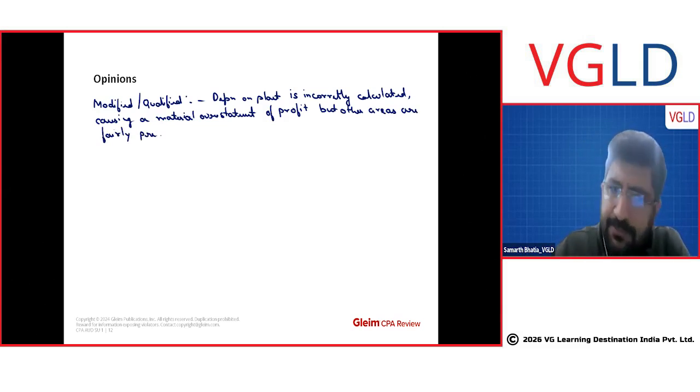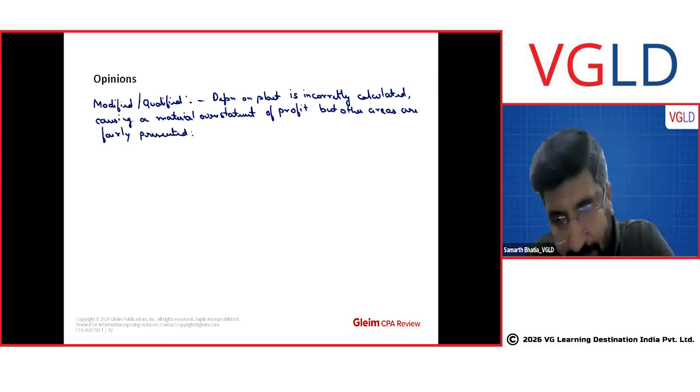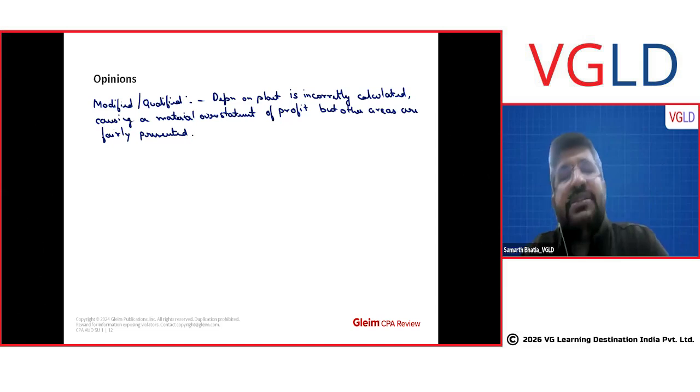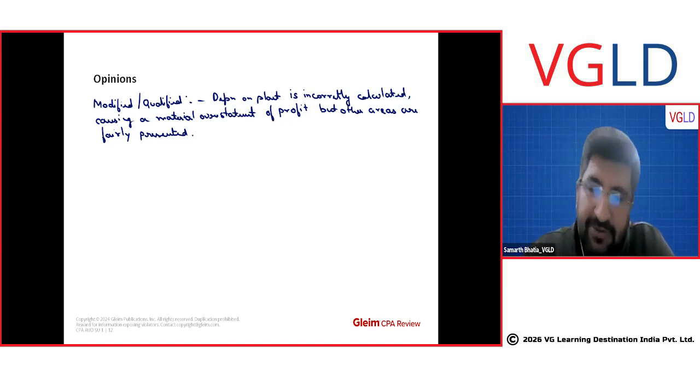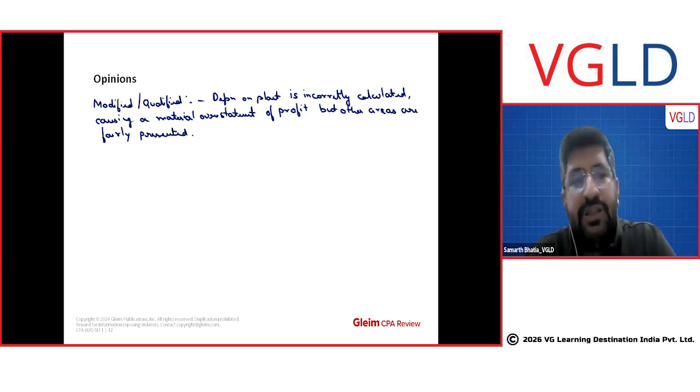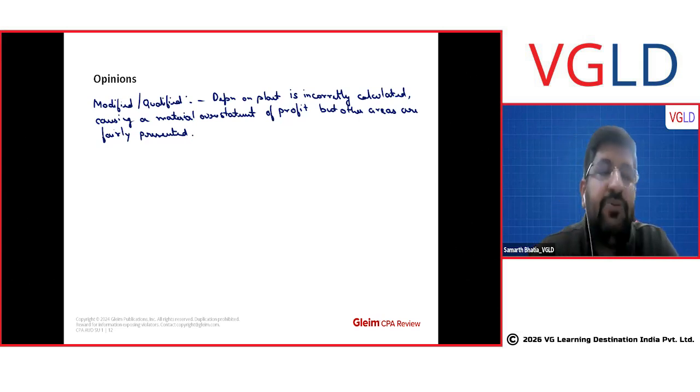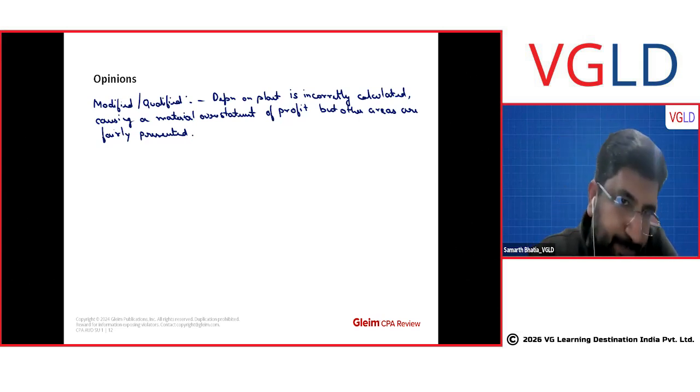In this case we can give a modified opinion or qualified opinion. One more example: suppose the auditor could not verify the opening inventory due to lack of records. In that case also a qualified opinion can be given.